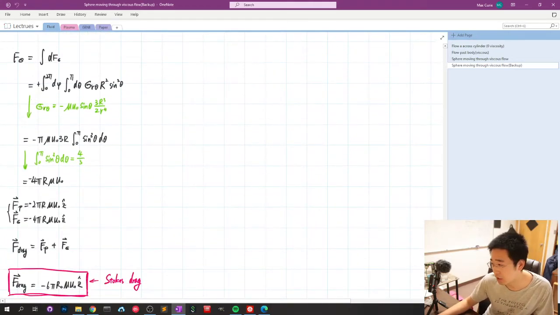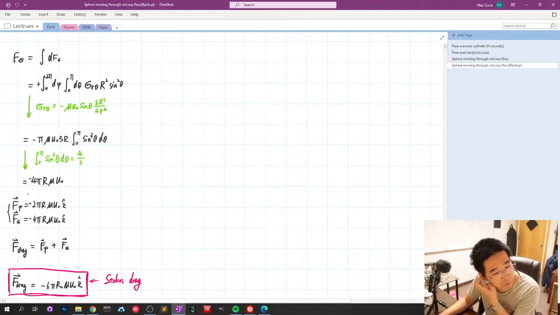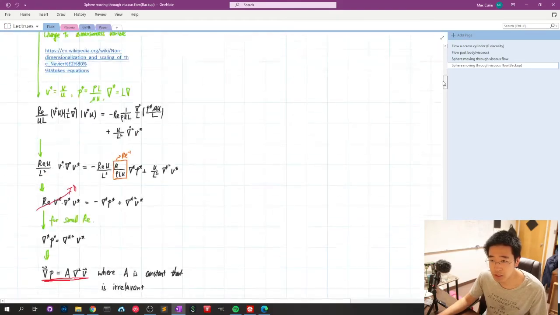Similar drill to the force due to pressure. We just do the integral through Mathematica, or if you want to do it by hand, go ahead. So we have this expression. Now we have the force due to pressure and the force due to stress. Then we add them together, we get the drag, and it's called Stokes drag. And that's pretty much it.